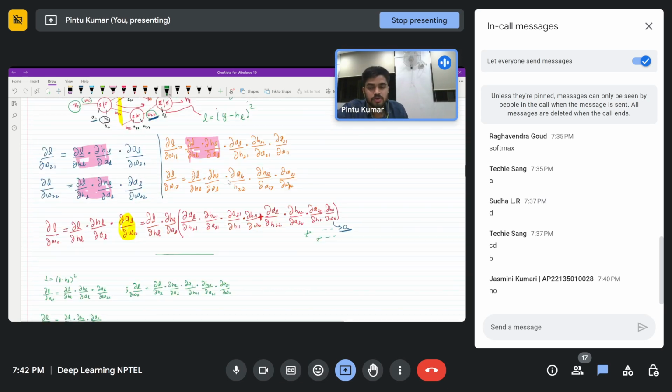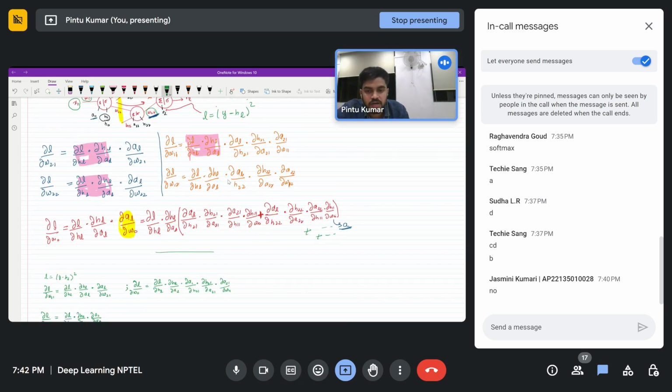Over here also we have this term at many places. One is this, so this would be sigma dash, and this would be sigma dash, and this would be sigma dash. So there are three places where we could see the sigma dash term.